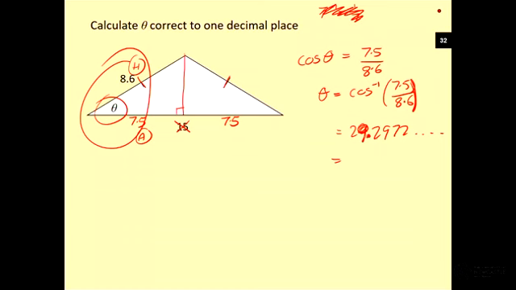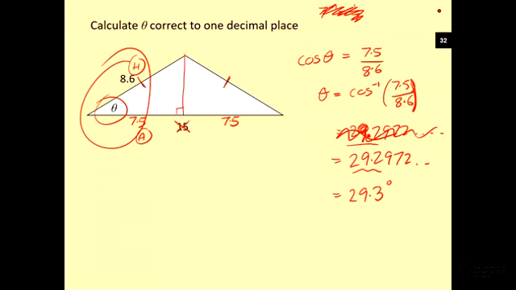It's followed by 9, so that 2 does go up. So it's 29.3 degrees. Yep. Correct to 1 dp.